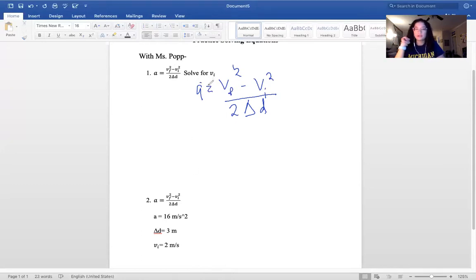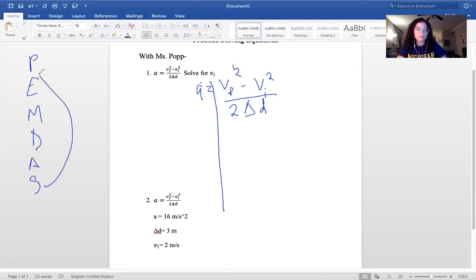If you like drawing your line, the belt line, as some people call it, go for it. I don't care. You don't have to, but if it makes things easier for you, definitely do it. You need to solve the math on your own, so you need to do what you need to do to be successful. If we are trying to get VI all by itself, remember, we've got PEMDAS, but we're going backwards.